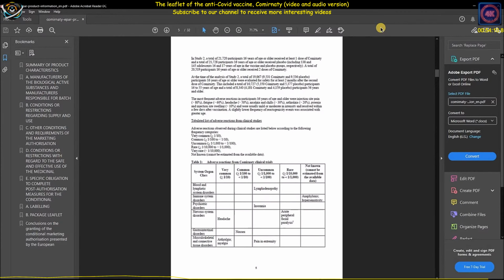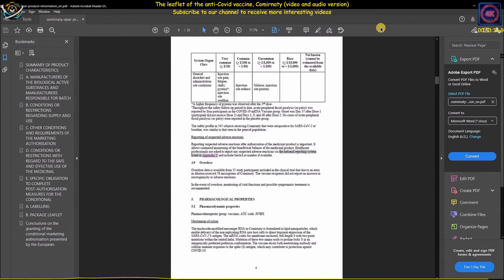Blood and lymphatic system disorders: lymphadenopathy. Immune system disorders: anaphylaxis, hypersensitivity. Psychiatric disorders: insomnia. Nervous system disorders: headache, acute peripheral facial paralysis. Gastrointestinal disorders: nausea. Musculoskeletal and connective tissue disorders: arthralgia, myalgia, pain in extremity.